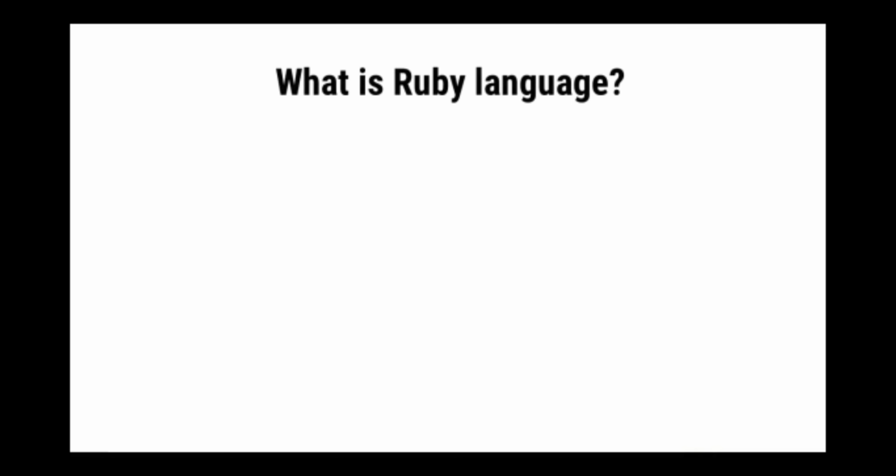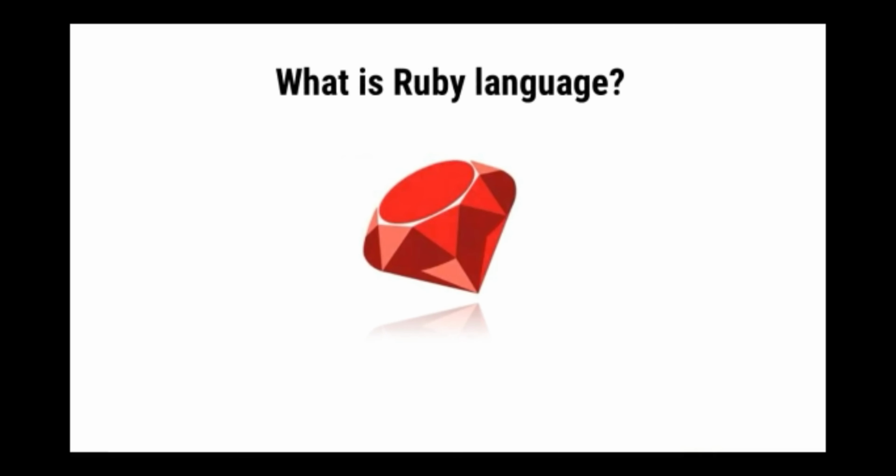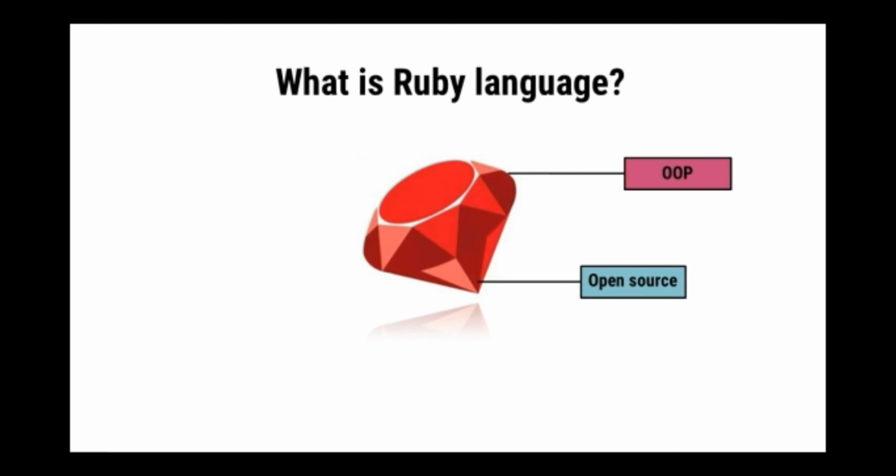By answering the question, what's Ruby language? I want to tell you that Ruby is an object-oriented programming language in the first place. And it's open source, that is to say, it has a large number of developers working to improve it and treat any problem that appears in it quickly.